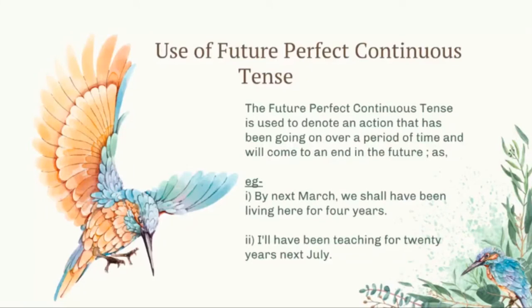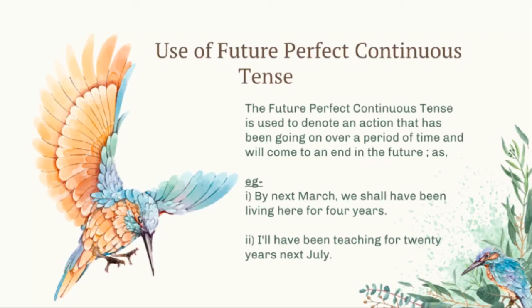Now use of the future perfect continuous tense. It is used to denote an action that has been going on over a period of time and will come to an end in the future. For example, by next March, we shall have been living here for 4 years. Now we are already living here and next year we will complete 4 years of living over this place.